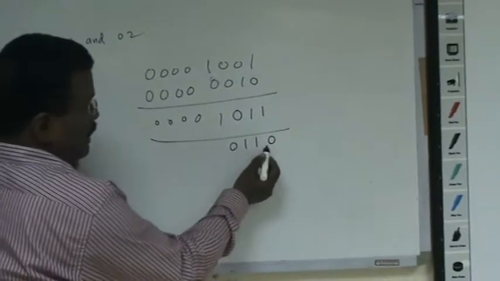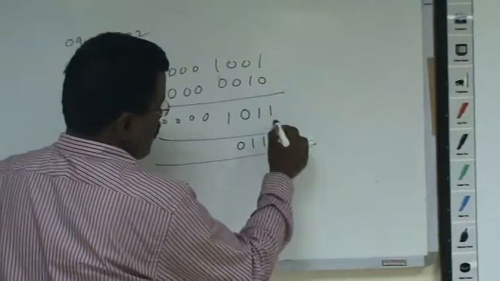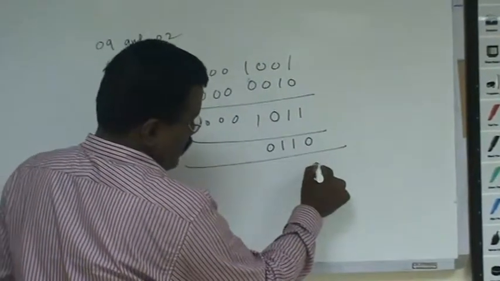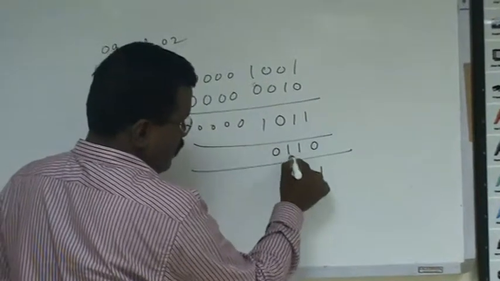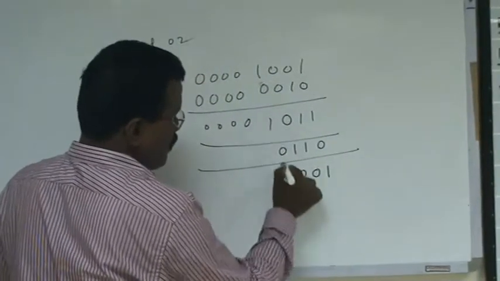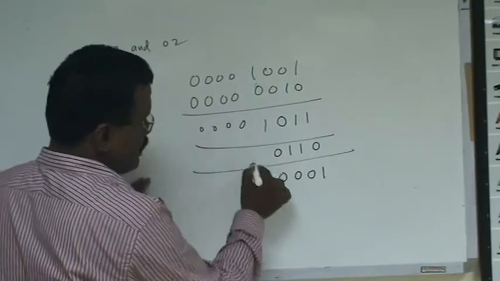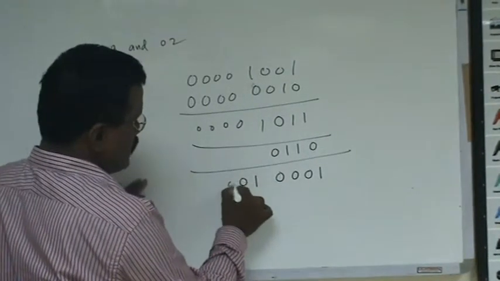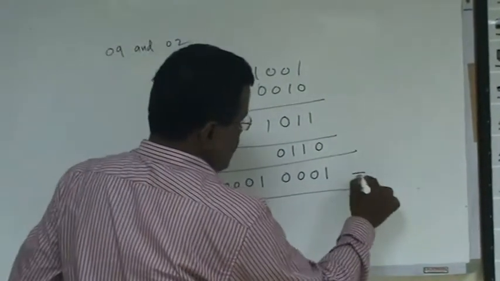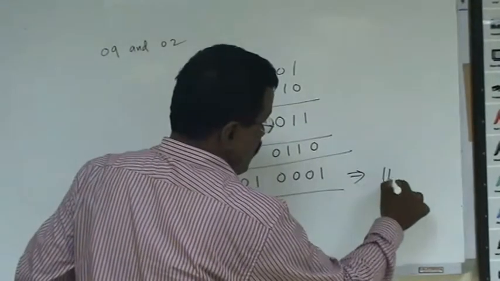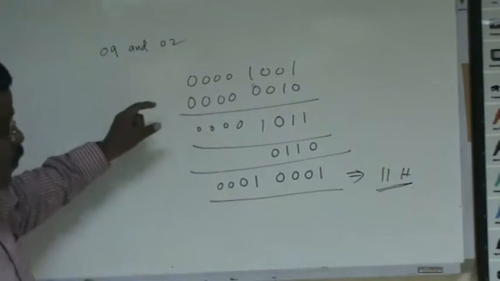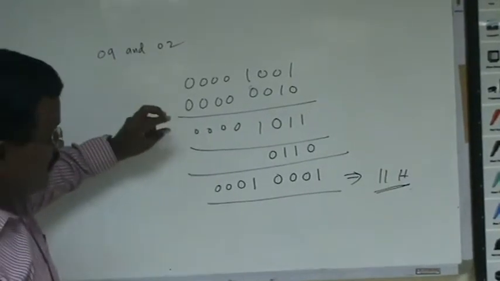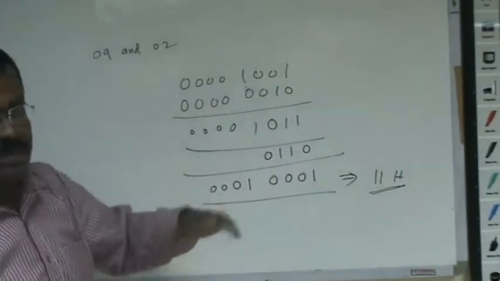So if you add 0 6 to the lower order nibble, 1 plus 0 is 1, 1 plus 1 is 0 with carry 1, 1 plus 1 is 0 with carry 1, 1 plus 0 is 1, 0 plus 1 is 1, 0 0 0. Now you can see that the value is 11H. So this is how the hexadecimal number is adjusted into a decimal number.